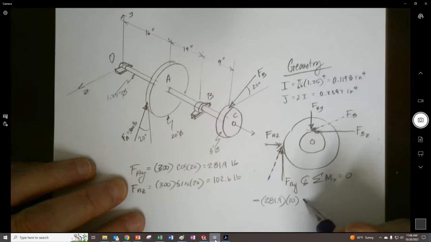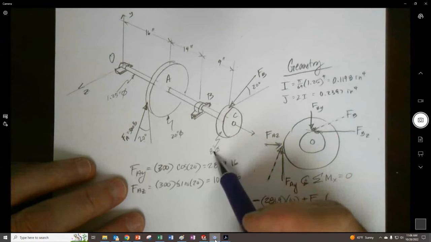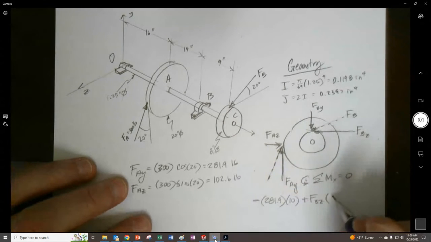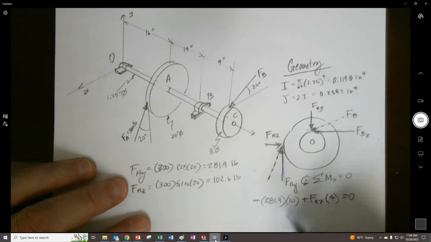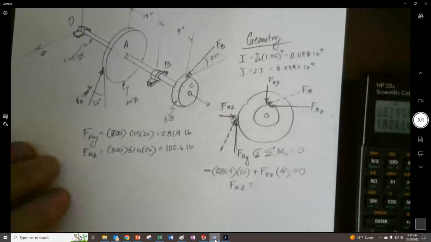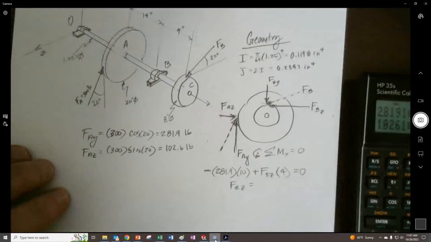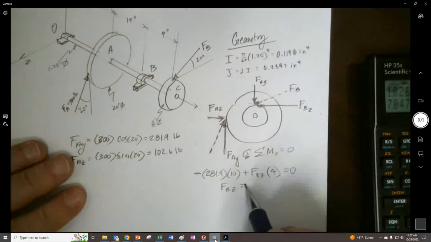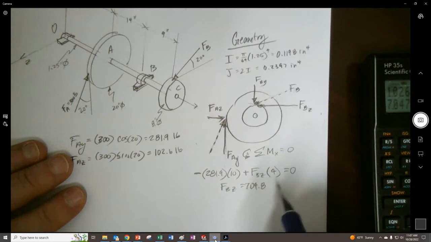In the other direction we have positive FBZ, which we don't know, applied at a radius of 4 inches. So we can get FBZ from that: 281.9 times 10 divided by 4 gives 704.8 pounds.